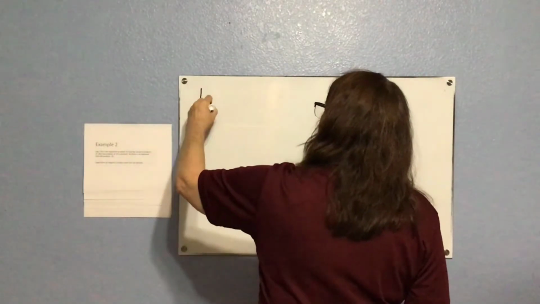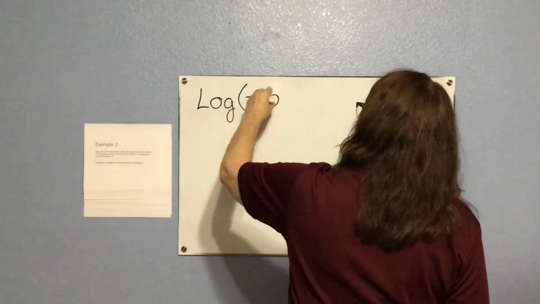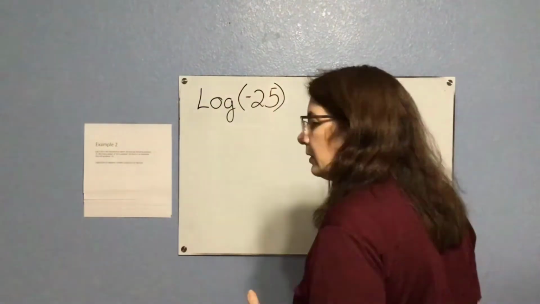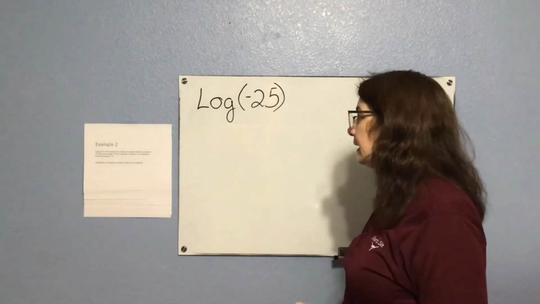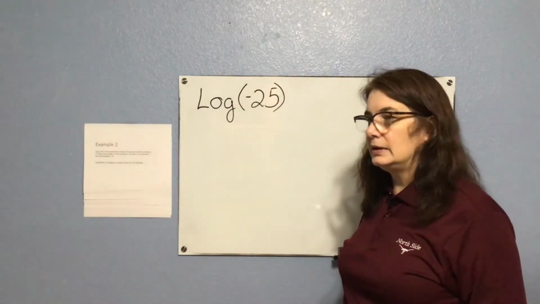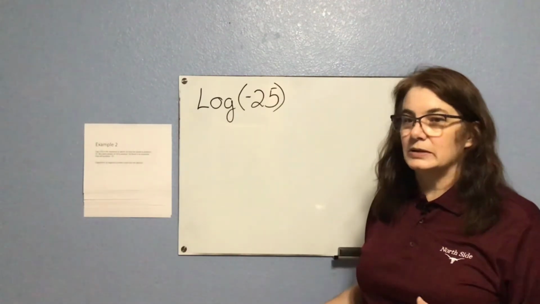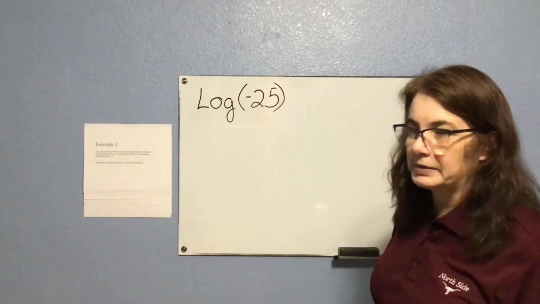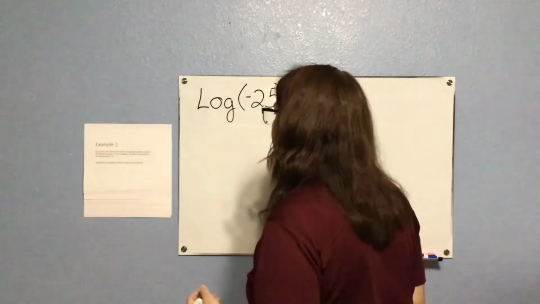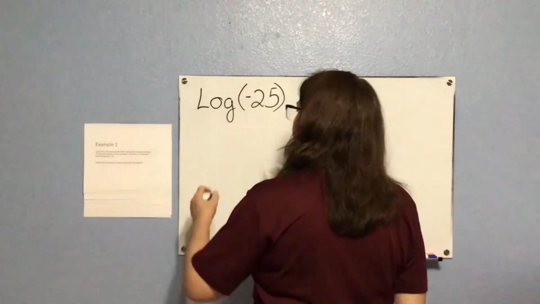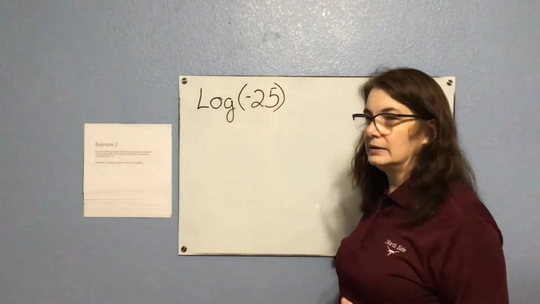If I wanted to find the log of -25, what I'm looking for is the exponent that I could raise 10 to get -25. But if you think about it, there is no number that I can raise 10 to and get -25, because all powers of 10 are positive numbers. So logarithms of negative numbers and of 0 are not defined.